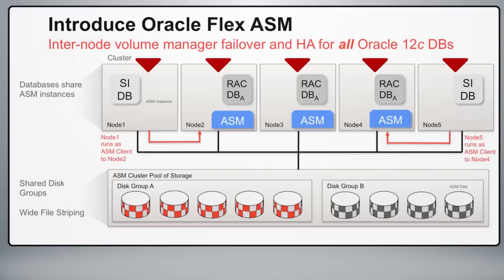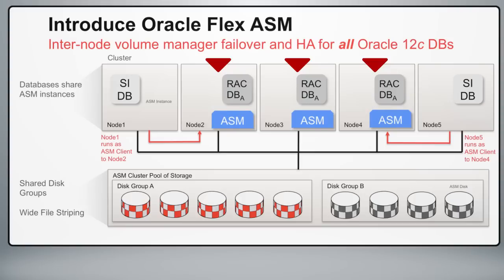And before Oracle Flex ASM, you would have found this ASM instance, which is now only shown on 3 of the 5 nodes, on all of the nodes in the cluster. While this may have caused a little bit more resource utilization, this is not the main benefit of Flex ASM, because now we reduce the number of ASM instances, and that reduces some of the resource consumption.